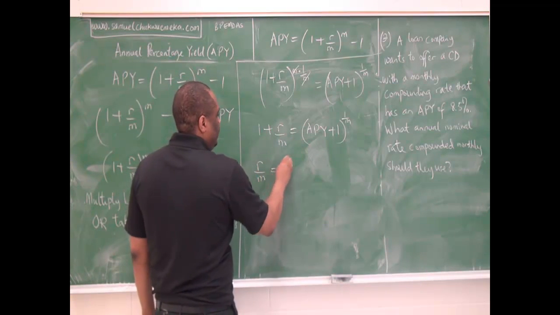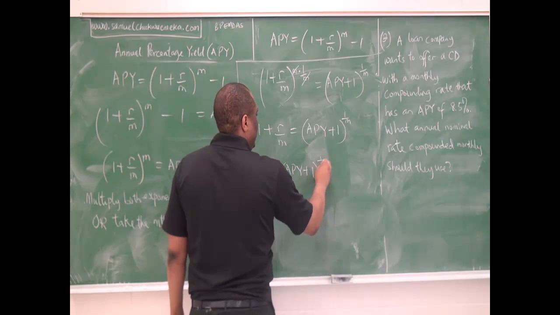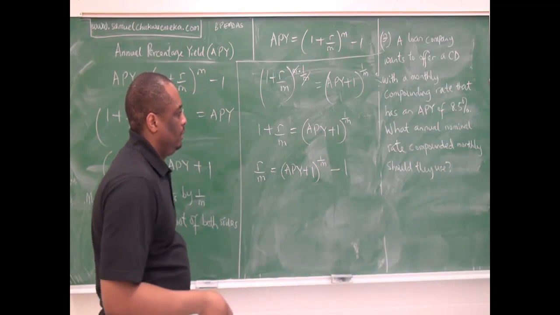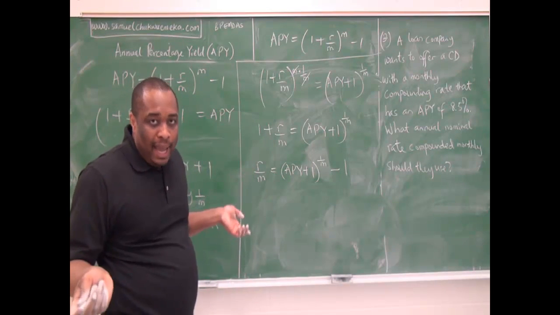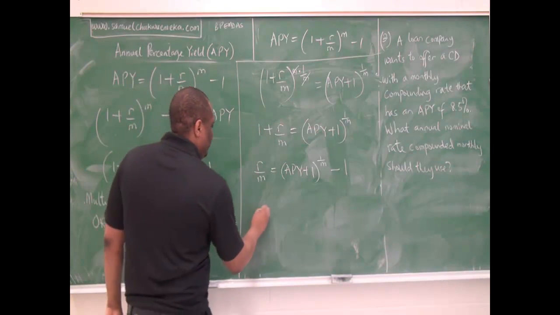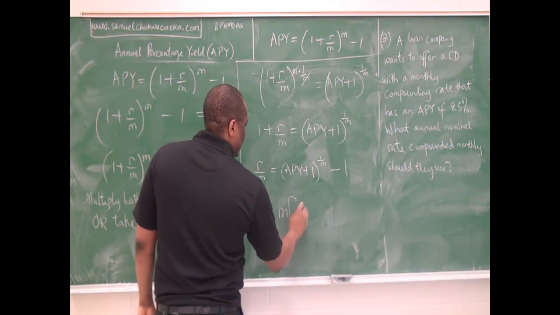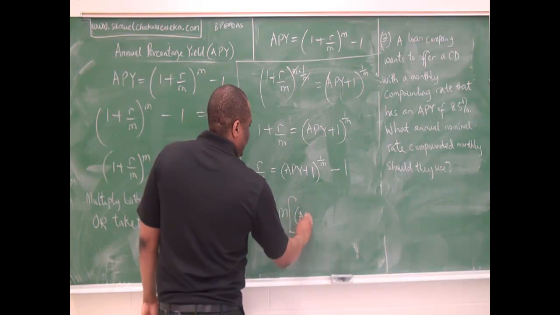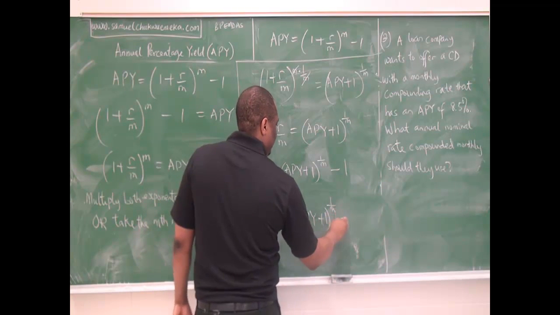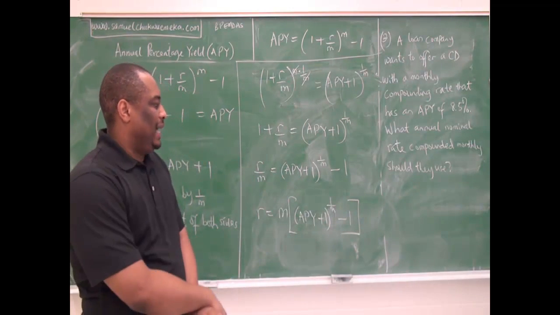So r over m will be (APY + 1) raised to power 1 over m minus 1. And then you multiply both sides by m. So r will be m times ((APY + 1) raised to power 1 over m minus 1). m times everything here. And that's it.